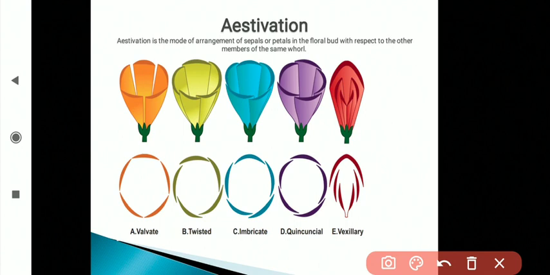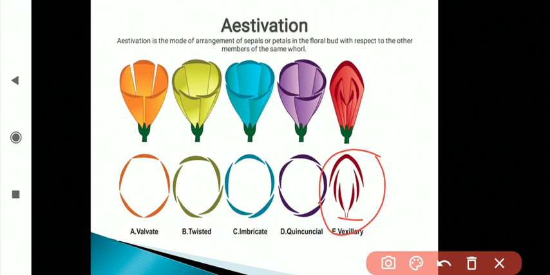Here the standard being outermost, this bigger petal is known as a standard, which overlaps the two wings, which in turn overlap the keels, and the keels are fused at the base to form a boat-like shape. Such an arrangement of petals or calyx is known as a vexillary type of aestivation.